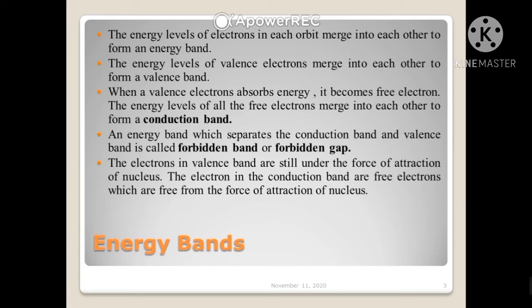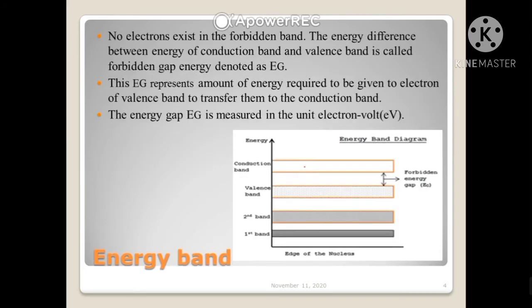An energy band which separates the conduction band and valence band is called the forbidden band or forbidden gap. The electrons in the valence band are still under the force of attraction of the nucleus, whereas the electrons in the conduction band are free from the force of attraction of the nucleus.